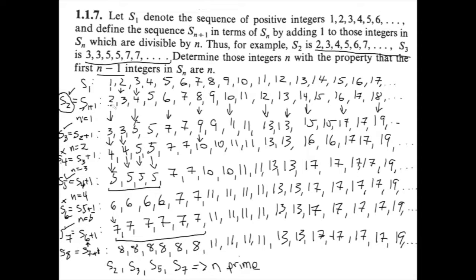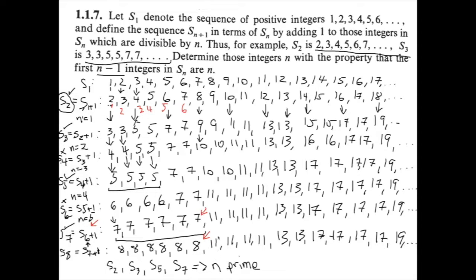All right, so 1, 2, 3, 4, 5, 6. Okay. So n minus 1 later, or when you get to S7, that's when you're finally going to increment this 7 in the next sequence, 8.